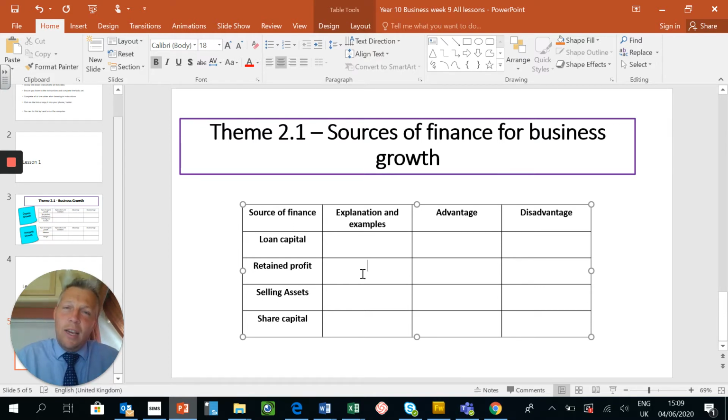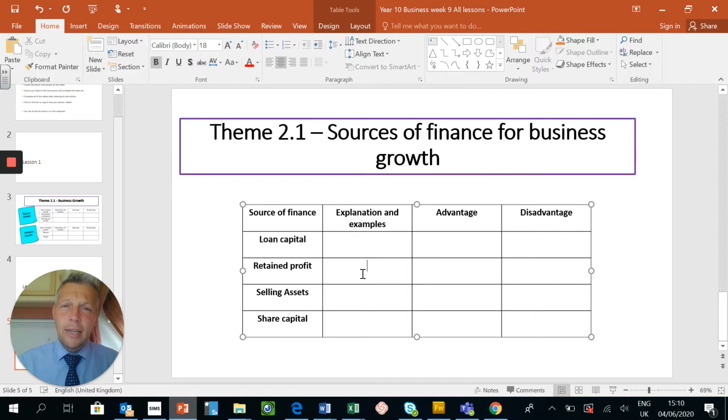And that is retained profit. Money that is earned last year in terms of profit, once all the costs have been taken into consideration, they've still got money left over. They've actually now retained the profit and they're investing it back in the business, whether that is to, again, expand in terms of buying a new shop, developing a website, whatever it may be.